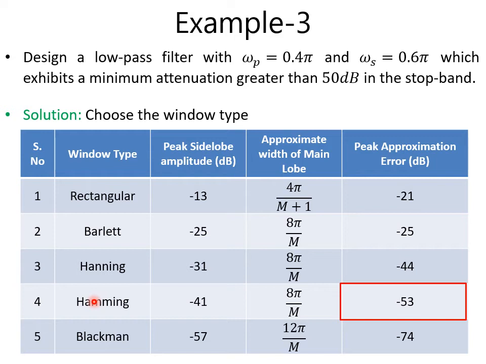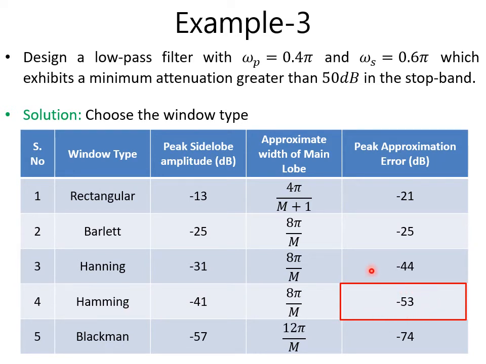So the first thing you do in the window design method is to choose the appropriate window that suits your requirement. The choice of window function mainly depends upon how many ripples you need and how sharp a cutoff is required.